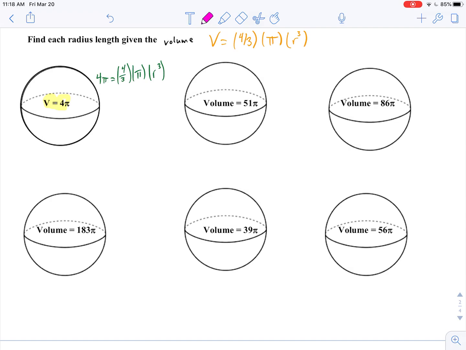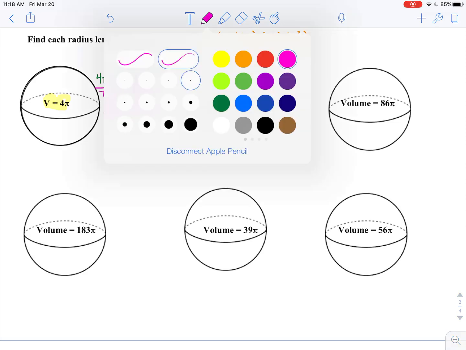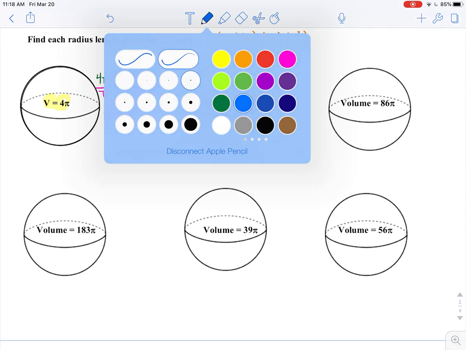And our first step, if you remember, anytime we were solving for a radius, whether it was a circle or a sphere, we always got rid of pi first. So we divided pi out of both sides. So 4 equals 4/3 r cubed.